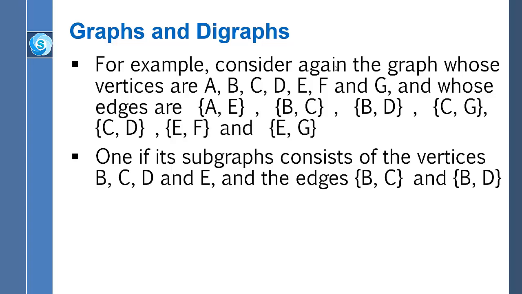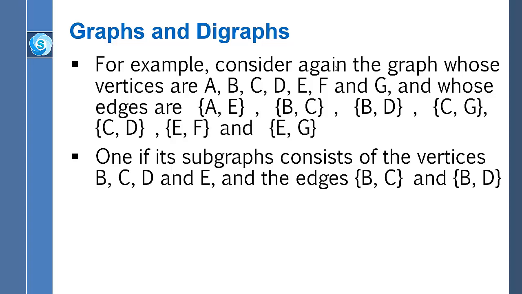And furthermore, it doesn't have to use up all the possible edges that connect the selected vertices. So for example, right here, for the subgraph we selected the vertices B, C, D, and E. Now, in the original graph, there's an edge connecting C to D. But we did not select it for this subgraph.